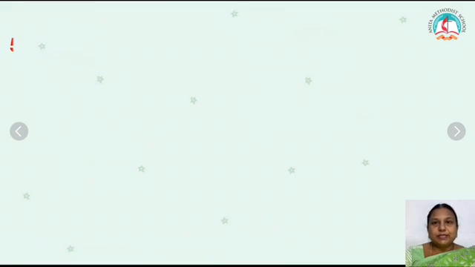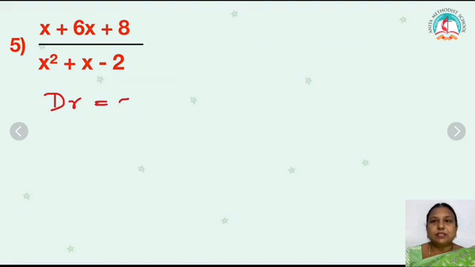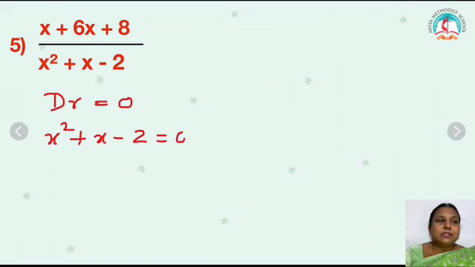We are moving to the next problem. x plus 6x plus 8 divided by x squared plus x minus 2. So see the denominator, children. See only the denominator. So what is our denominator? x squared plus x minus 2 equal to 0.